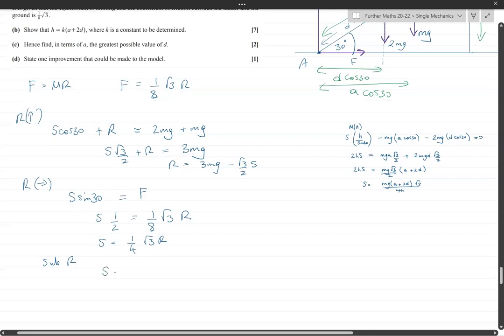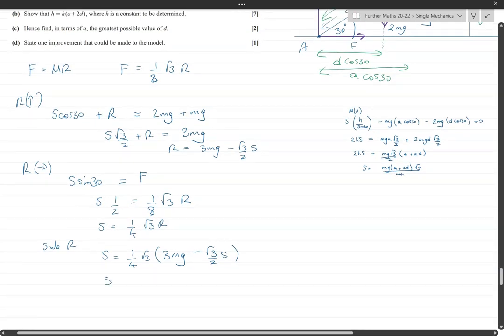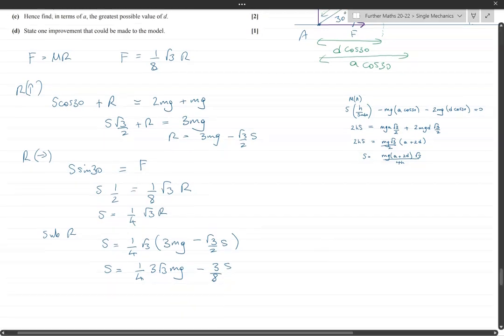We're going to get S equals 1/4 the square root of 3mg minus the square root of 3 over 2 S. Now multiplying that out, I'm going to get S is equal to 1/4 the square root of 3mg minus 3 over 8 S, because square root of 3 times the square root of 3 is 3, 4 times 2 is 8.